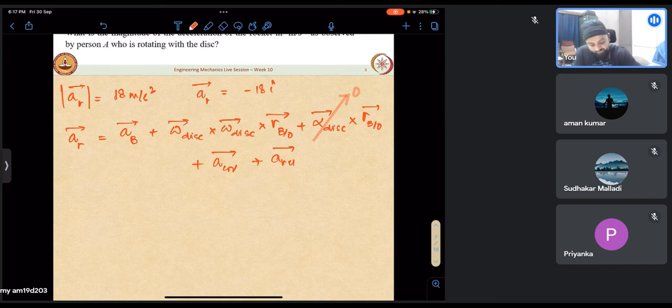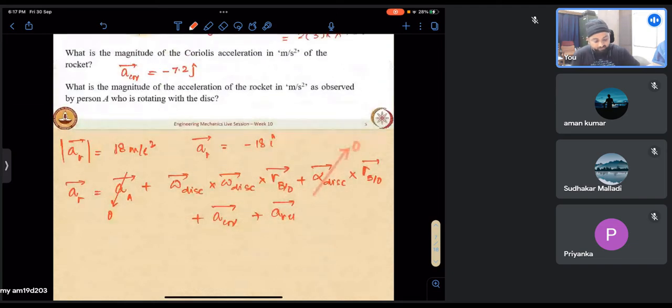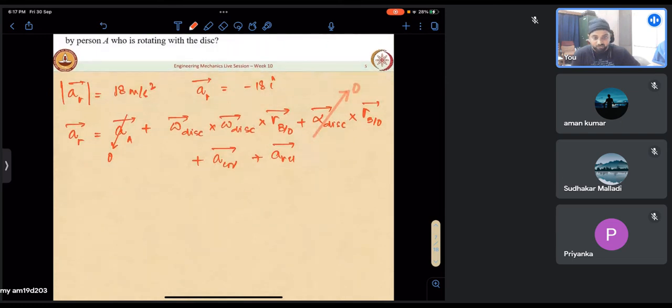We are observing it from A. So we have to take the acceleration of A here, acceleration of A plus, then we are observing that point B. Point B could be the person B or the rocket B because both are at this instant at the same point. So this is 0, and our omega is 0, and alpha is 0 because it is rotating with a constant speed.